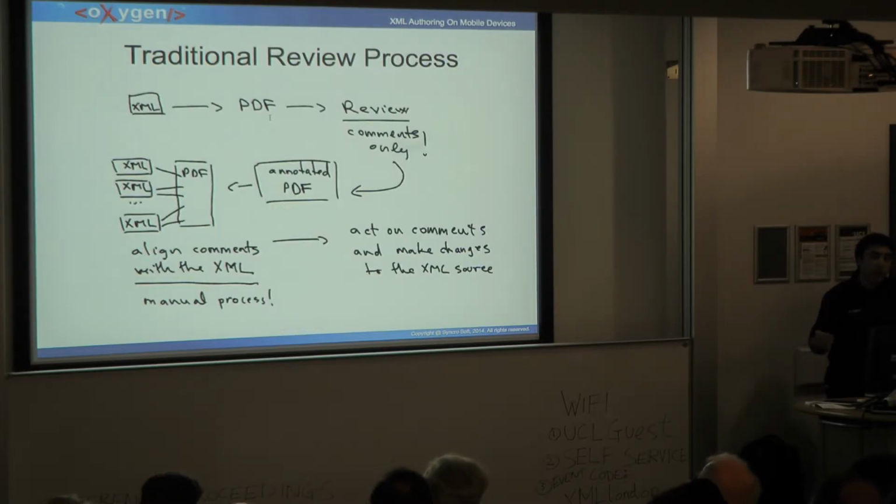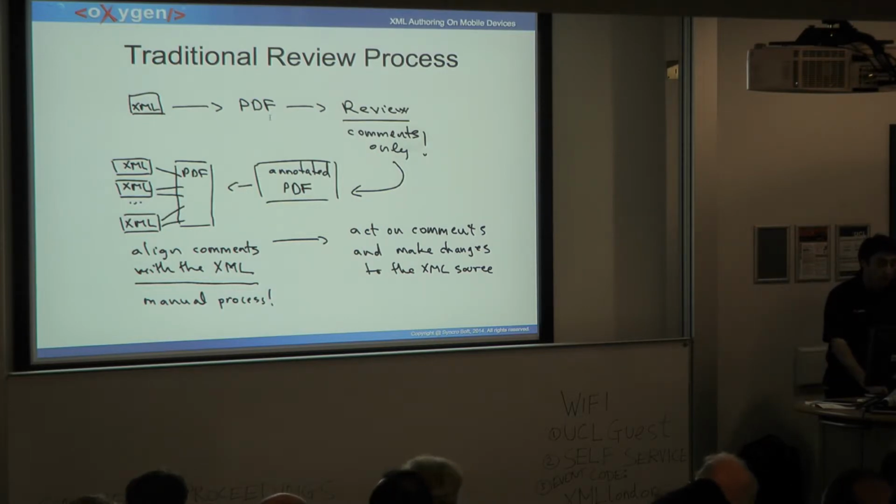The main use case that we see with this is the review process. When you have documents, like these topics or this book, you want people to look over them and provide feedback so you can correct some things. The traditional review process goes on the output and then tries to align the comments or annotations made on the output with the initial source.